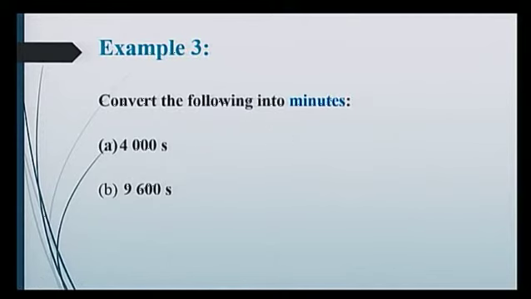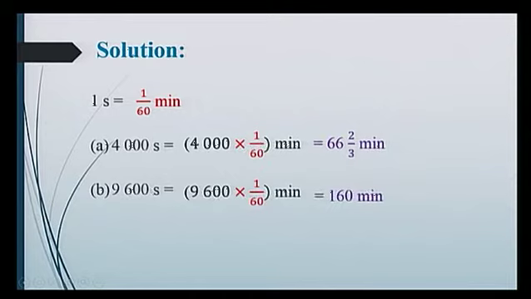We have a look at the third example. We need to convert into minutes. So we have seconds to convert into minutes. Part A, 4,000 seconds. Part B, 9,600 seconds. We have a look at the solution. 1 second, remember, is equal to 1 over 60 minutes.